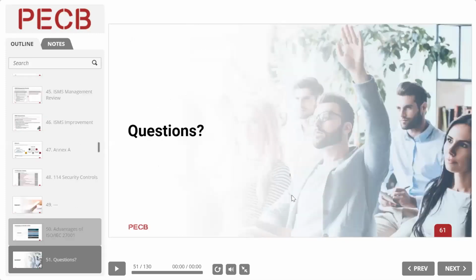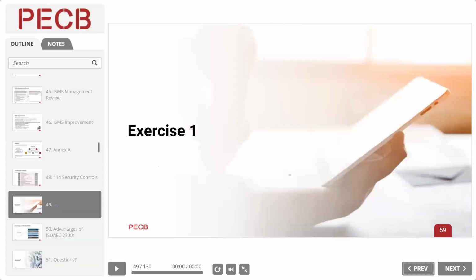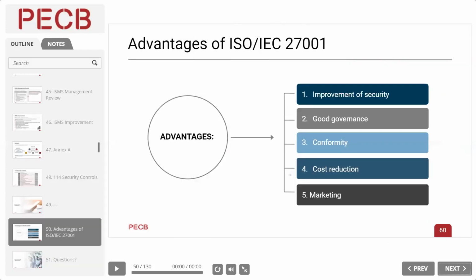So we have this exercise. If we were doing a full training, then we would have done an exercise by then. But just to focus on some of the advantages of ISO 27001: improvements of security, good governance. It creates a framework for good governance. It enhances conformity.